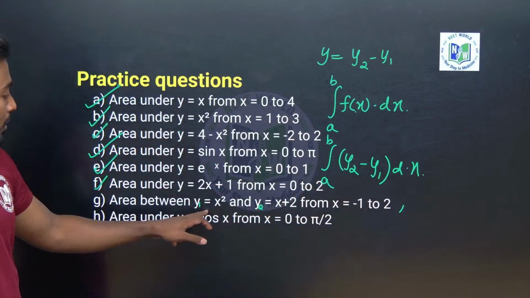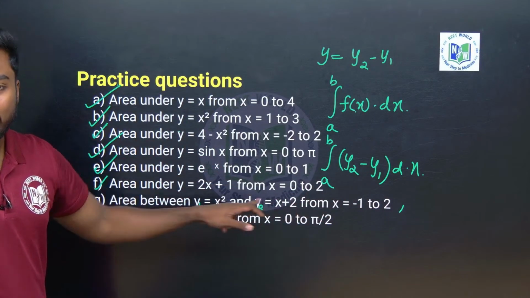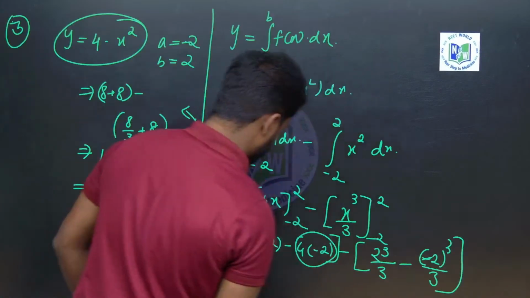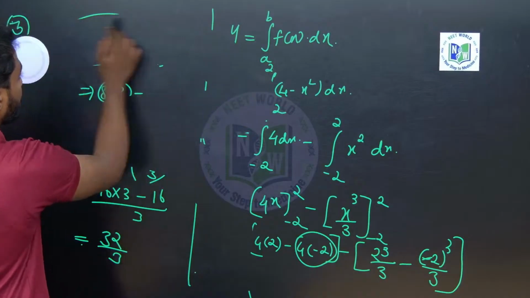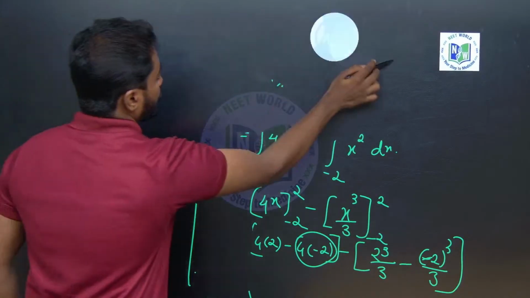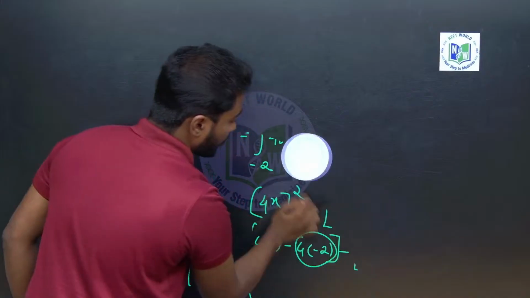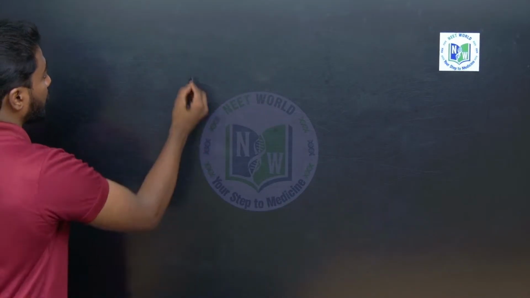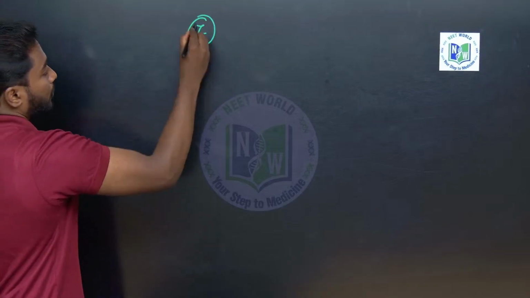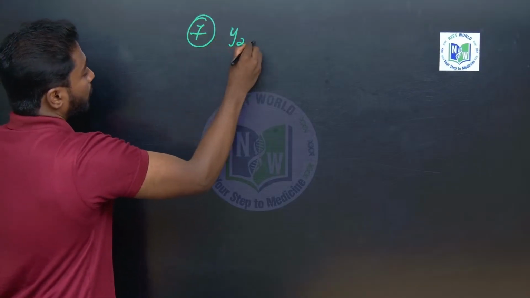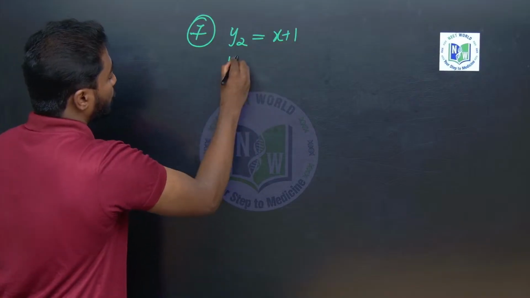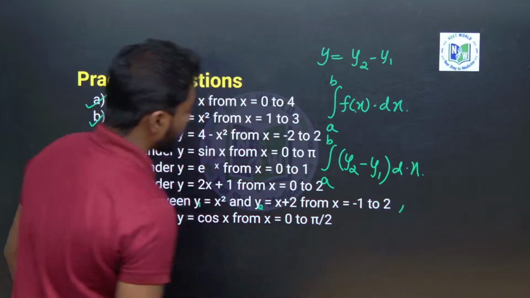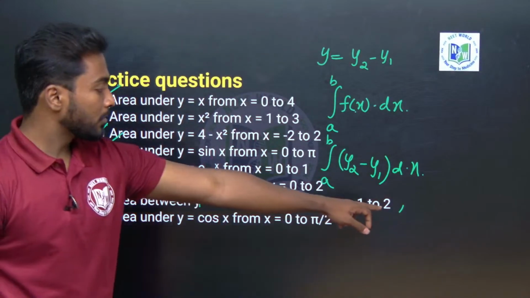So here y2 is x plus 2, y1 is x square. So the limits are from minus 1 to 2.